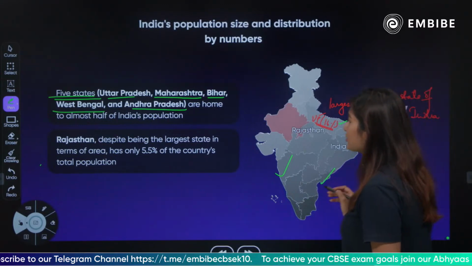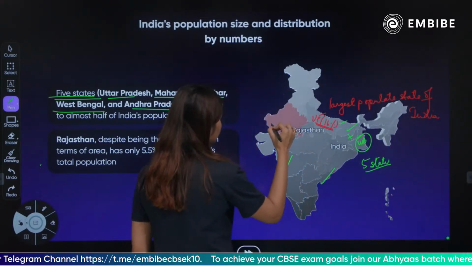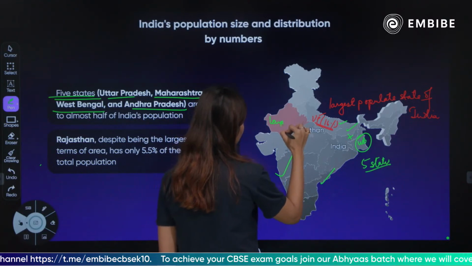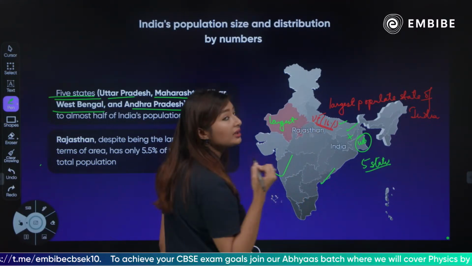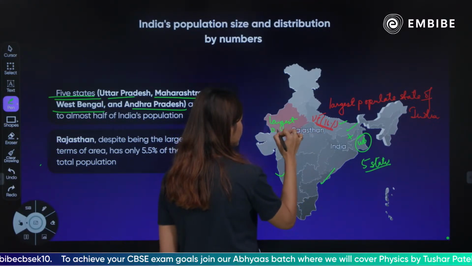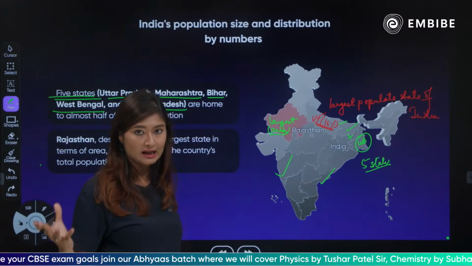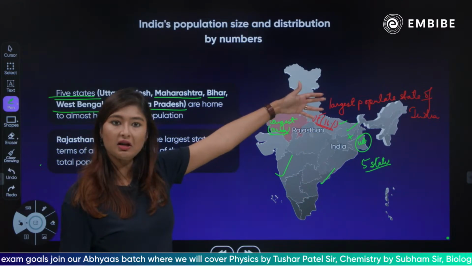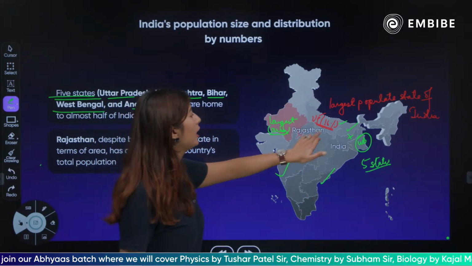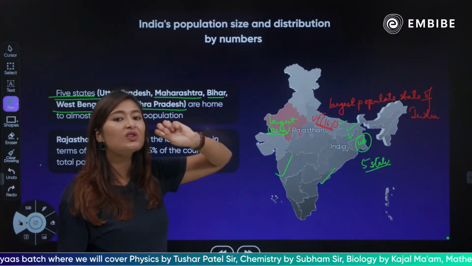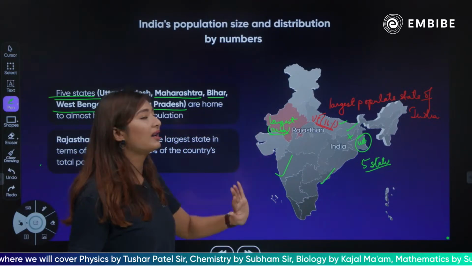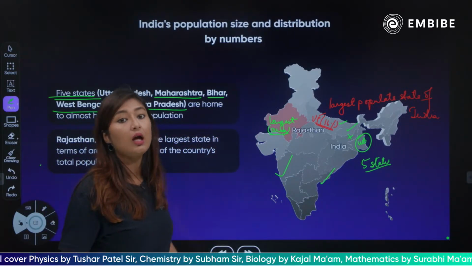Rajasthan is actually the largest state. But in terms of area, like how Russia is the largest in terms of area, but India is largest in terms of population. Similarly, UP is largest in terms of population, but Rajasthan is largest in terms of area.